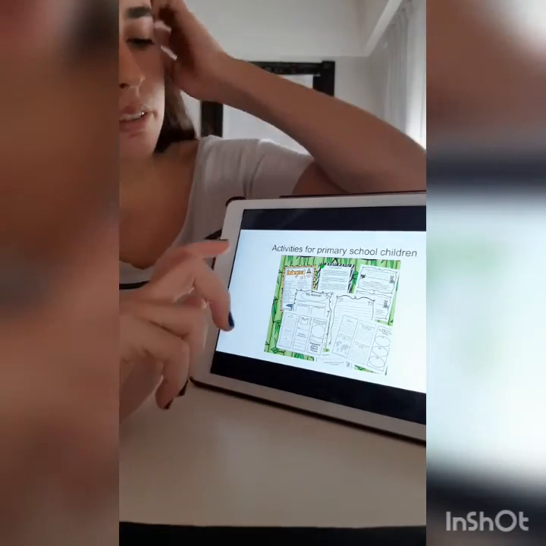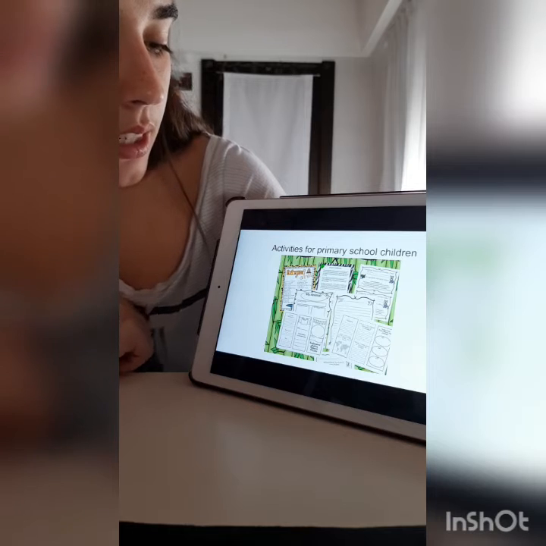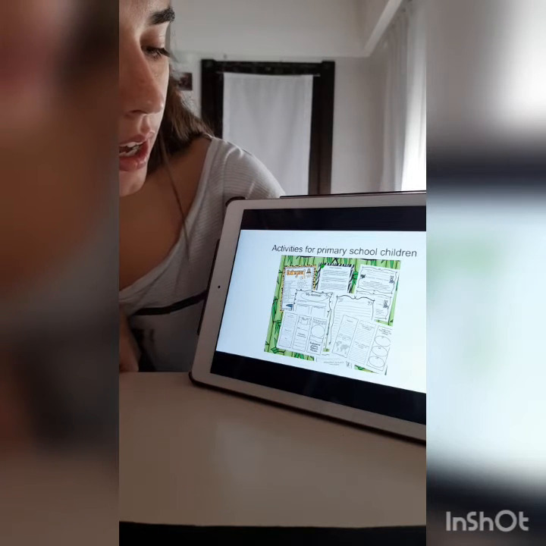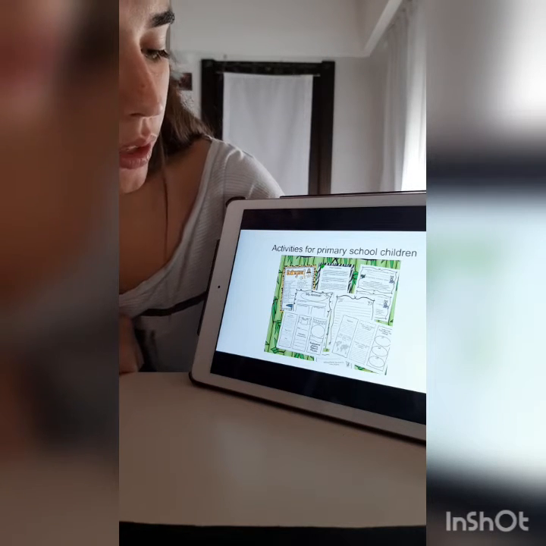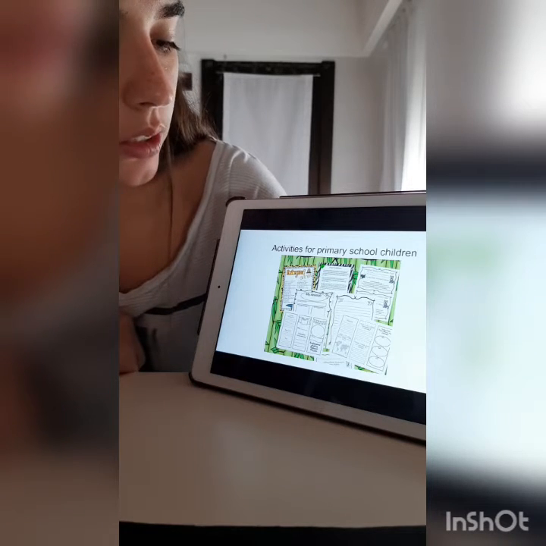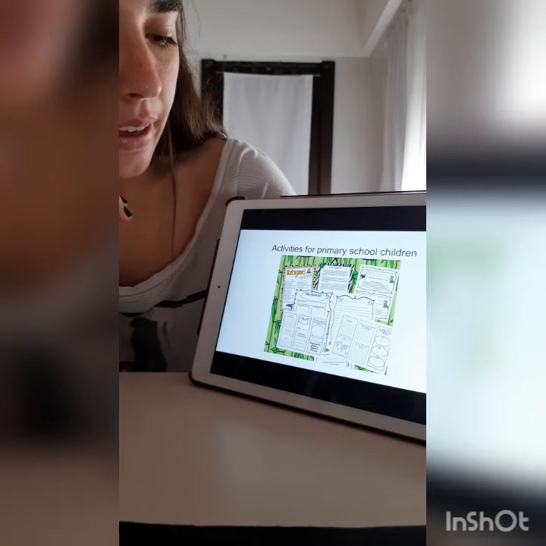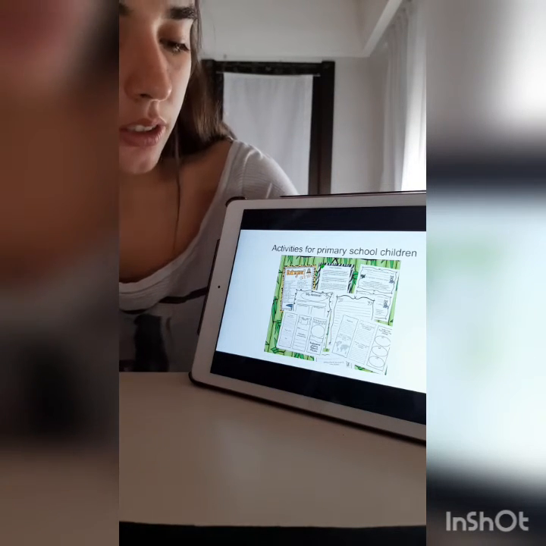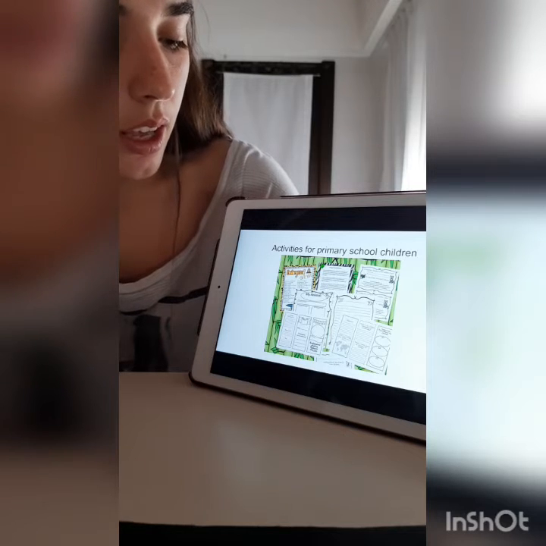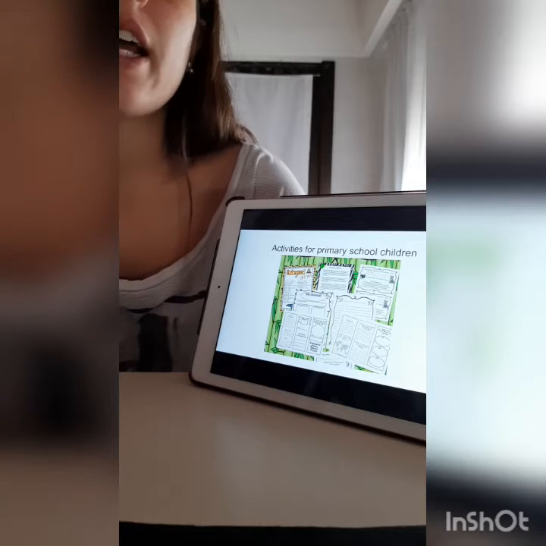And activities for primary school children. These are brochures, animal brochures. Here we can increase vocabulary. Here we can write sentences of adjectives of any animal.